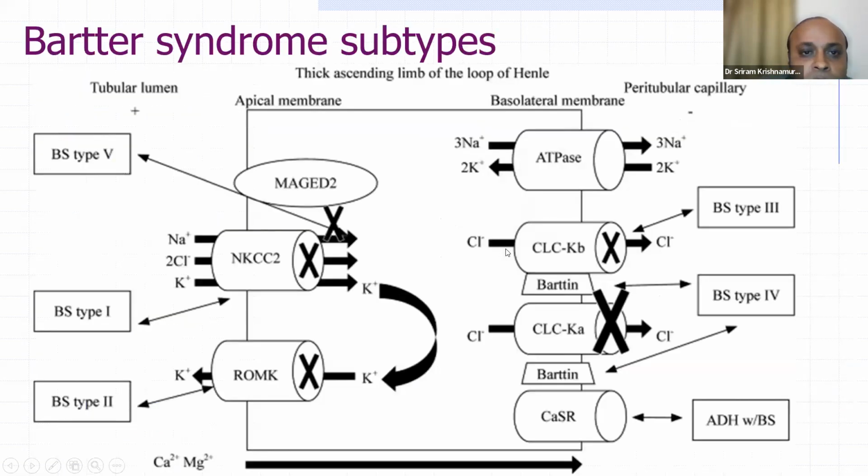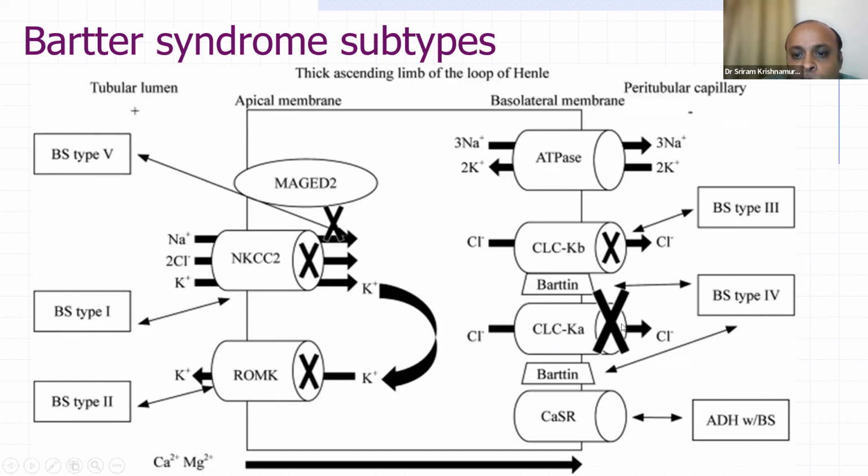Having known how the sodium gets reabsorbed in the TAL as well as the DCT, let us look at the subtypes of Bartter syndrome. Type 1 is due to mutations in the NKCC2. Type 2 is due to mutations in the ROMK gene. Type 3 is due to mutations in the CLCNKB located on the basolateral side.